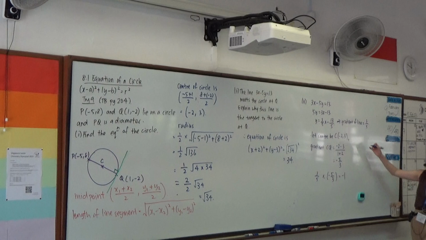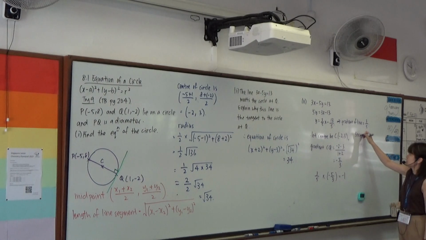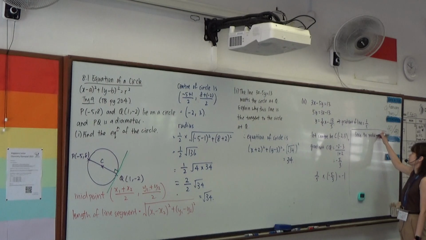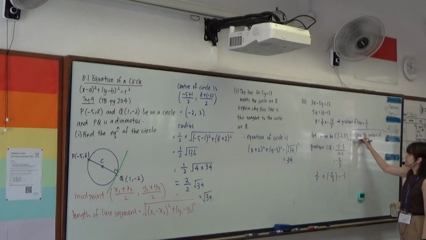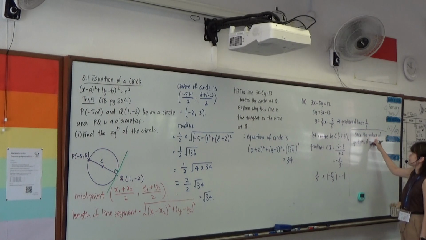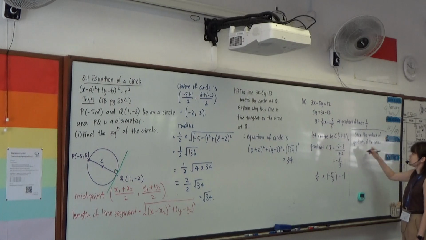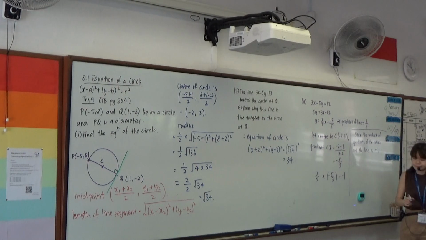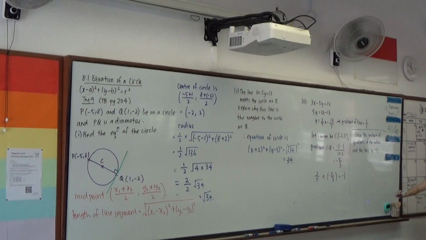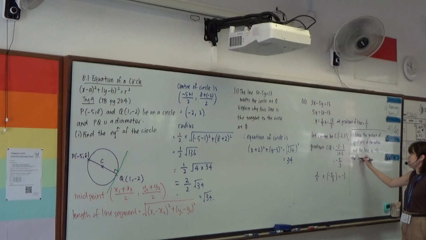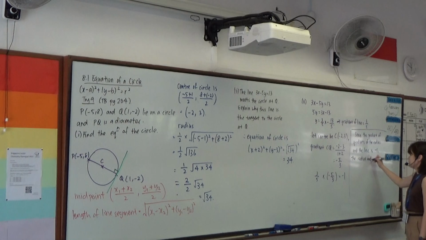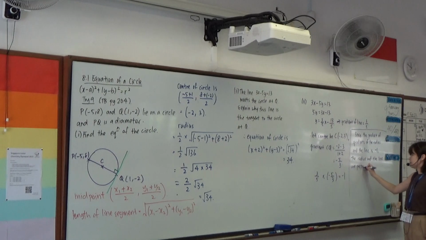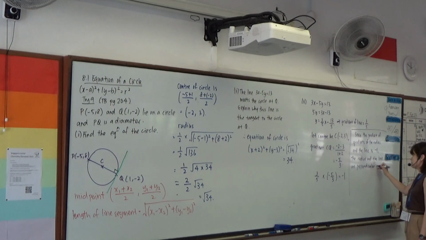So we now can conclude that since the product of gradients of the radius and the line is negative 1, the radius and the line are perpendicular to each other.